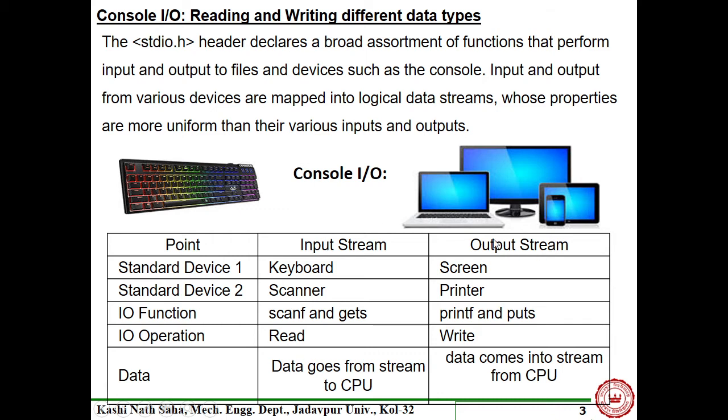And what are the output devices? The basic console is our video monitor, any screen. This is the output part, the screen of desktop, laptop, any other devices. This is basic console. Printer is another output.